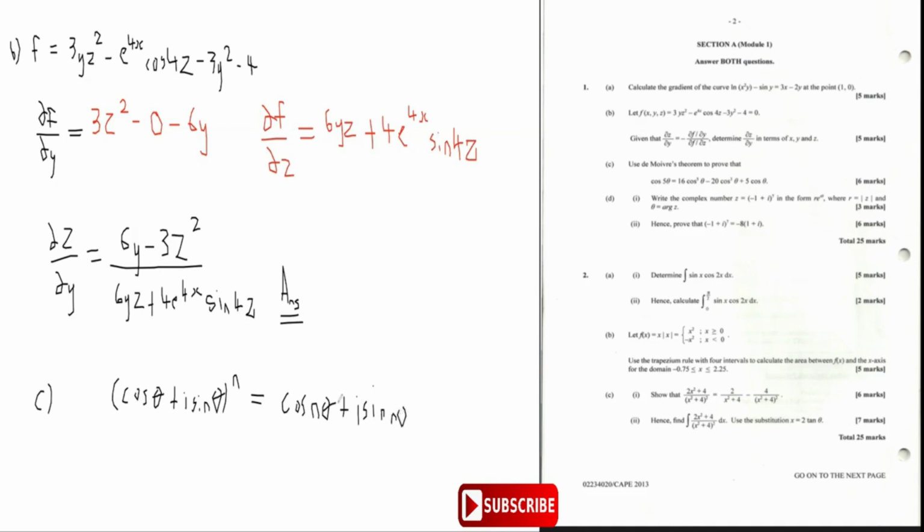Now, let n be equal to 5. If we put n equal to 5, what we're going to get is cos theta plus i sine theta, all raised to the 5th power, and that is going to be equal to cos 5 theta plus i sine 5 theta.